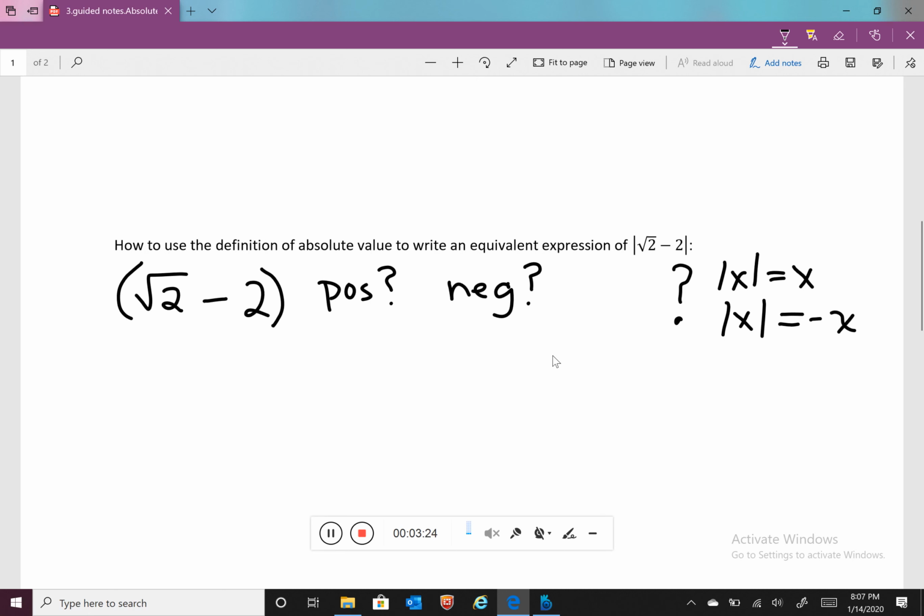How are we going to handle this? So we need to know what the square root of 2 actually is. So the square root of 2 is approximately, and you can verify this on your calculator, I always encourage you to do that, it is approximately 1.4. It is less than 2.